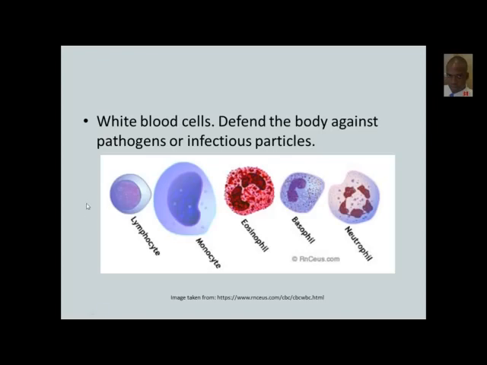These are some examples of the different types of white blood cells. Good, we don't have to really record what the different types are, but we need to know that the white blood cells' function is really just to carry out the different duties.